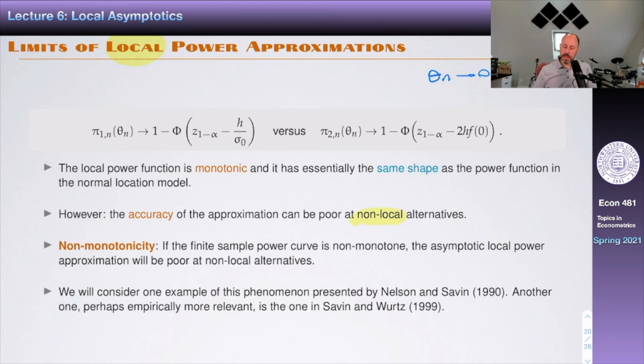They try to bring this discussion of the limits of the local power, and what they notice is that when you have power functions that are non-monotonic, so I wrote here, if the finite sample power curve is non-monotone, then the asymptotic local power approximation will be poor at non-local alternatives. When the true power function is monotonic, typically these local approximations work well, close to the null and far from the null. But the question is, what happens when there's non-monotonicity?